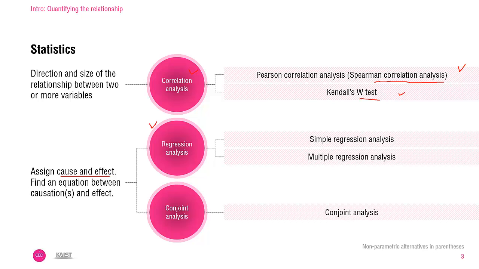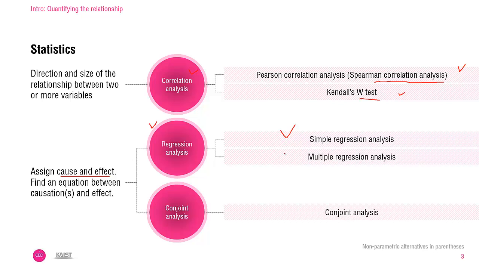When there is one cause and one effect, a simple regression analysis can be performed. Because the relationship is quantified, both cause and effect should be measured on a continuous scale.